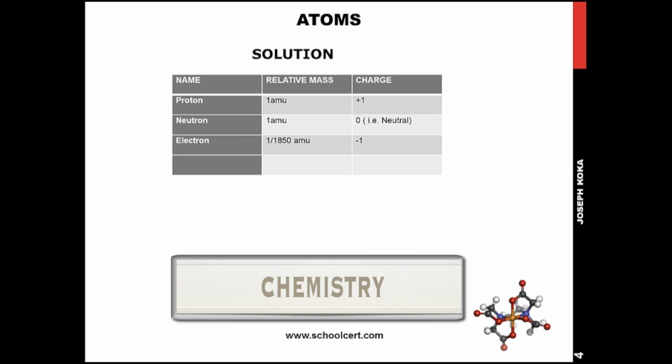For the charges, proton is positively charged, so we indicate it as +1. Neutron has a charge of 0, that is to say, it is neutral, that is no charge. And electrons are negatively charged and has a charge of -1.